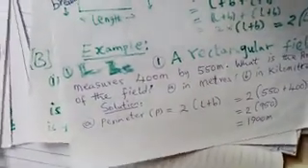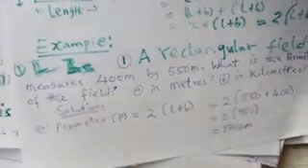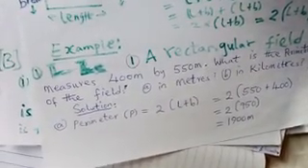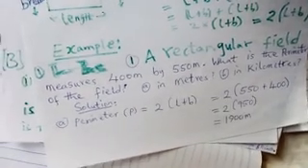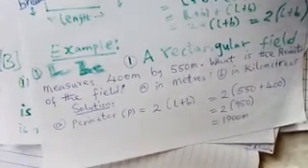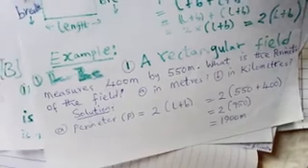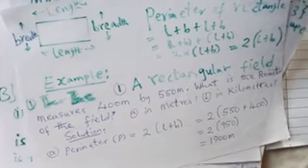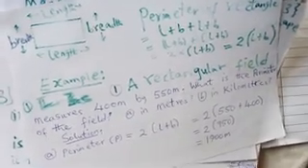Example 1. A rectangular field measures 400 meters by 550 meters. What is the perimeter of the field? A, in meters. B, in kilometers. A, perimeter is equal to 2 into (L plus B). Know that your L is what? 550 meters and your breadth is 400 meters.